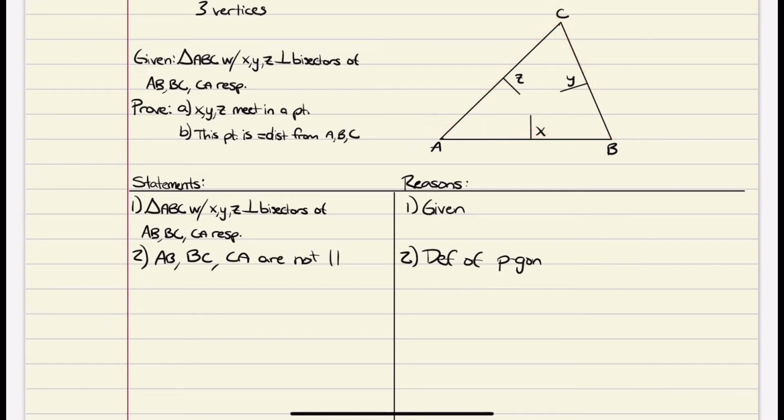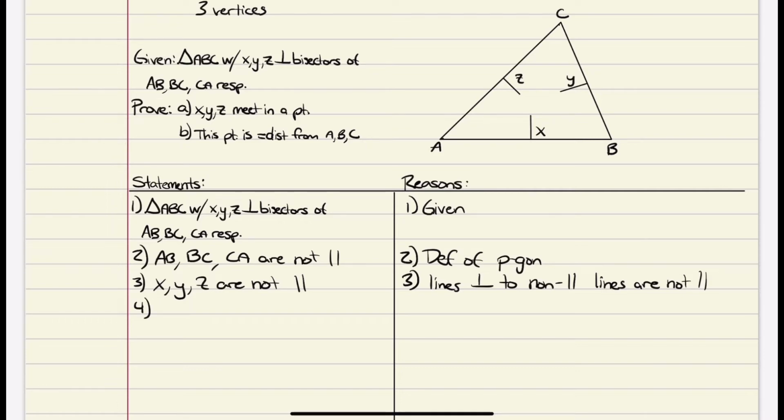And so since this is a triangle, those lines are not parallel. We're also going to say that lines X, Y, and Z are also not parallel, because we've learned that lines perpendicular to non-parallel lines are also not parallel. Number 3, lines perpendicular to non-parallel lines are not parallel.